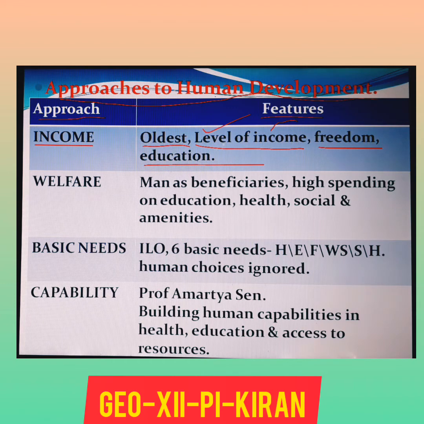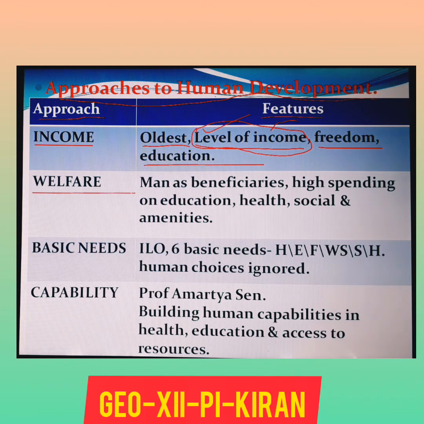So the level of income, which is suggested by many economists and sociologists, they say that the income level must be increased regularly so that people have some scope for human development.